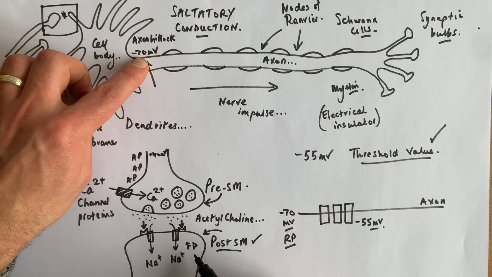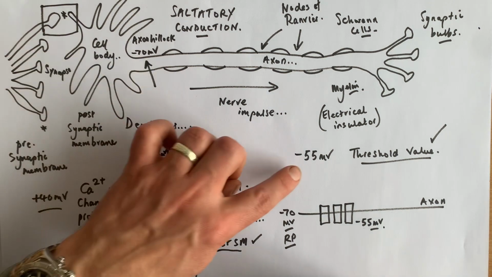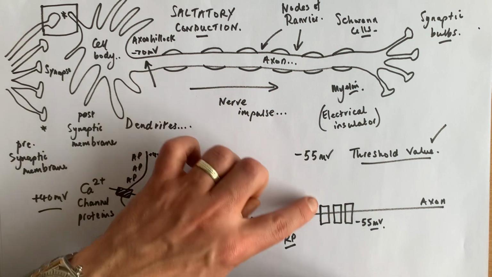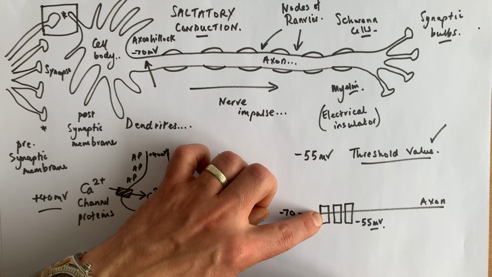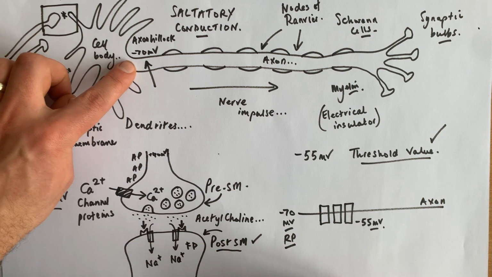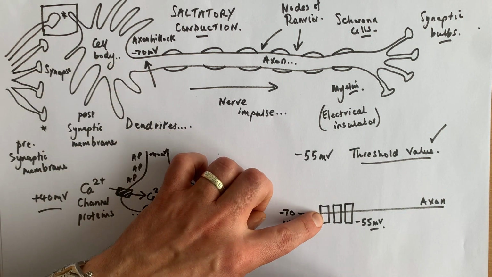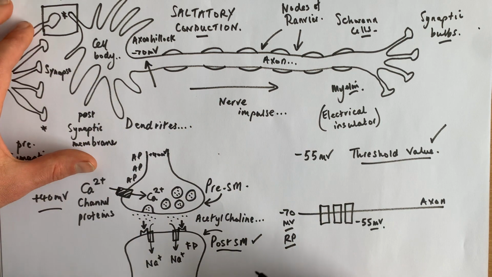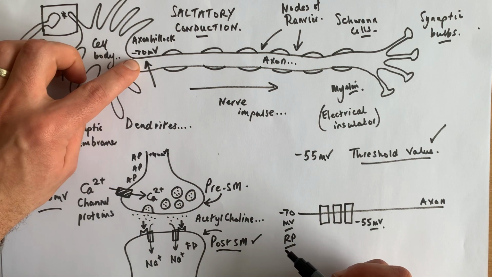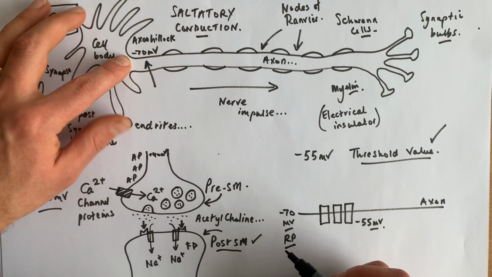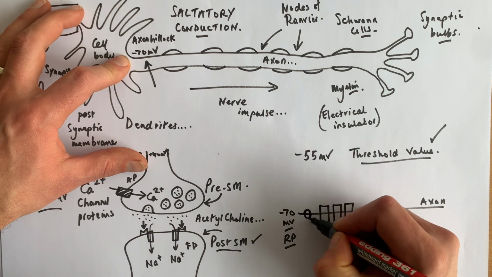The resting potential of minus 70 millivolts has now been raised to a threshold value. The sodium channels at this point on the axon hillock in the axon membrane are voltage gated, so they're going to open.